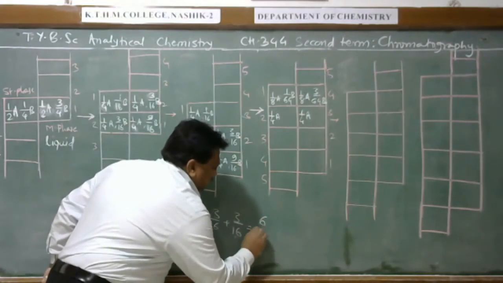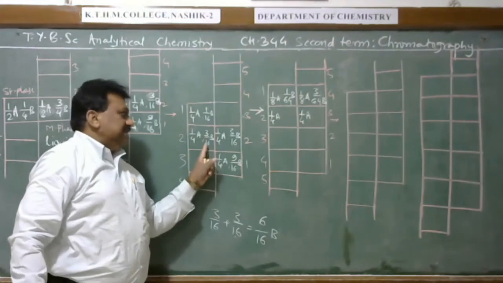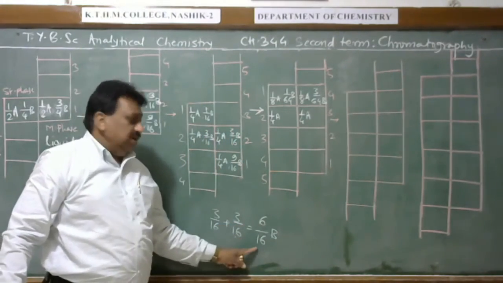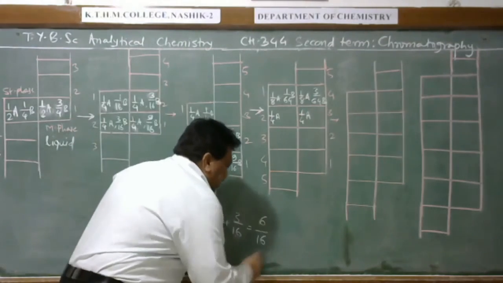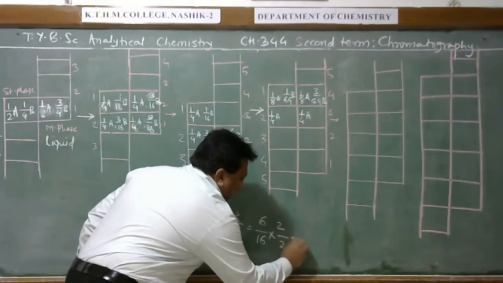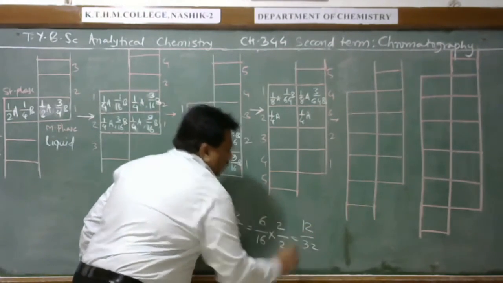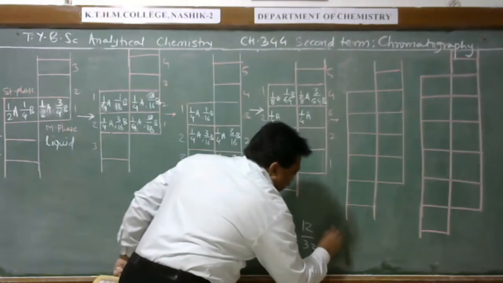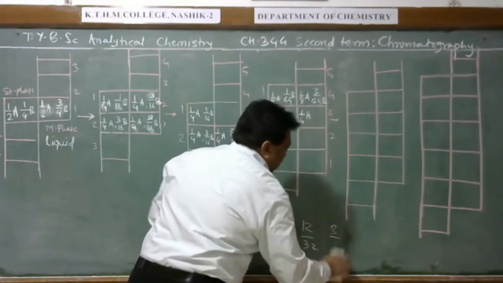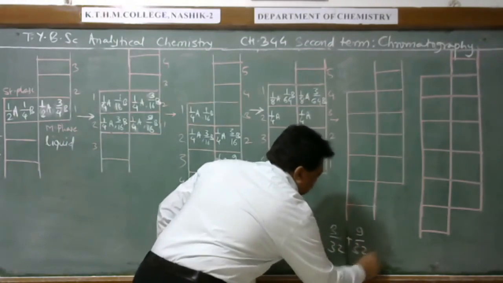That means 6/16 B in total. 3/16 plus 3/16 means 6/16. Then you have to distribute it as 25%, that is 12/32. That means here 3/32 plus 9/32.